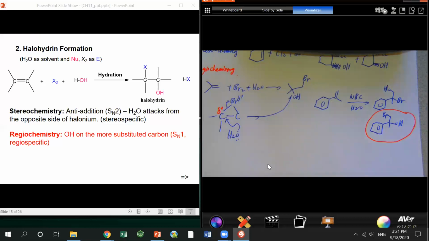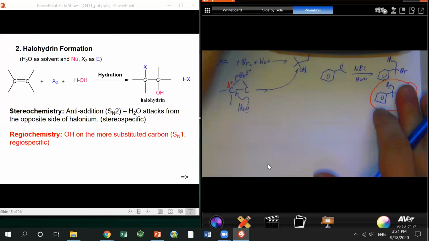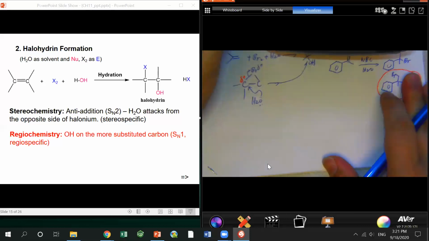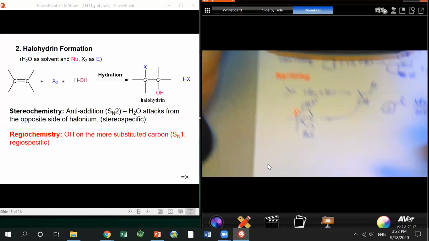All right, let's do one more example, which combines both the stereochemistry and the regiochemistry.